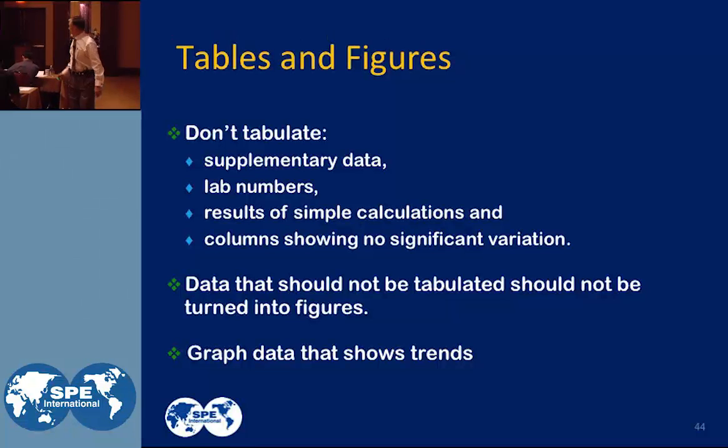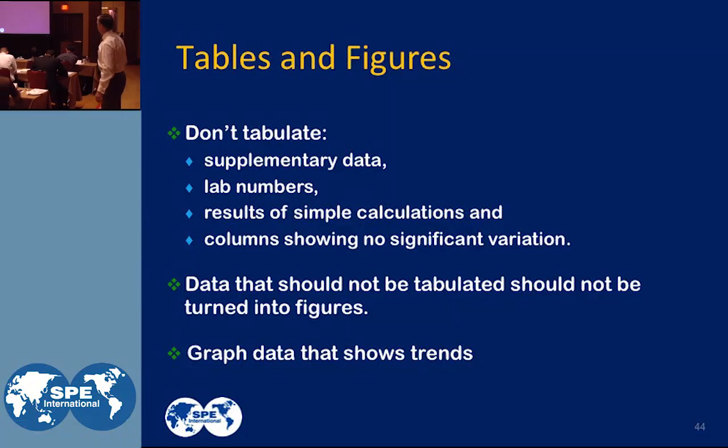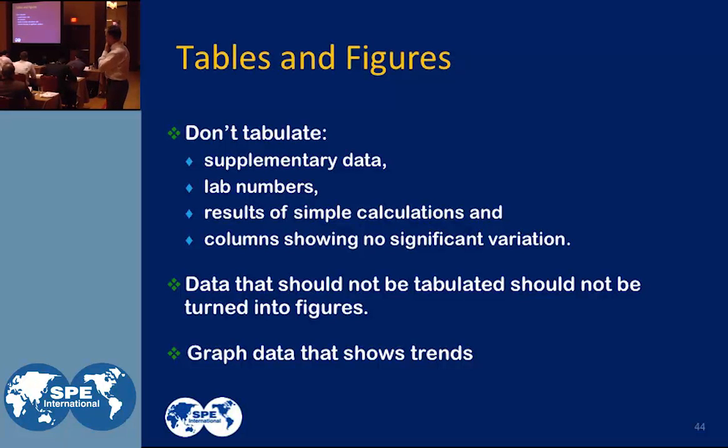Tables and figures. Don't tabulate the following: supplementary data, lab numbers, results of simple calculations, columns showing no significant variation. Just putting in a lot of numbers in there, maybe of your laboratory results, but they don't show any variation. So why are you putting them in?